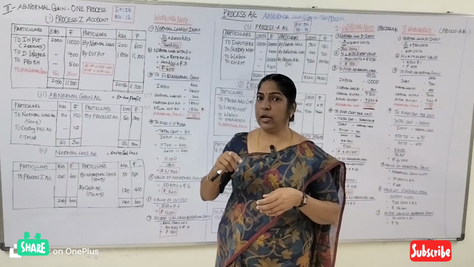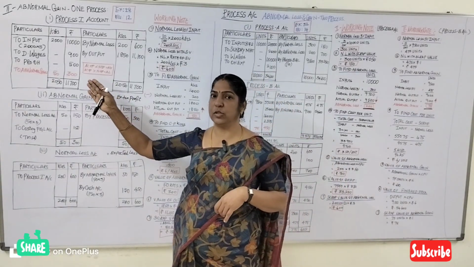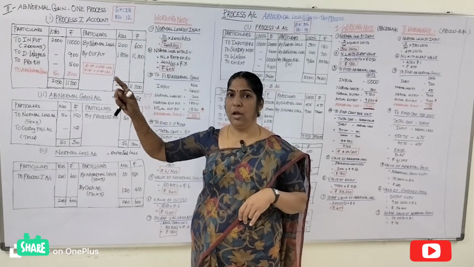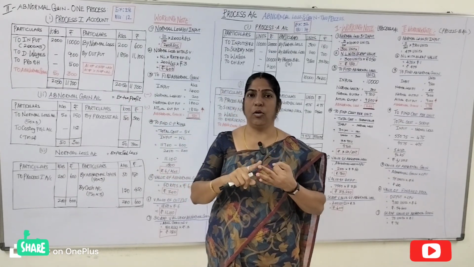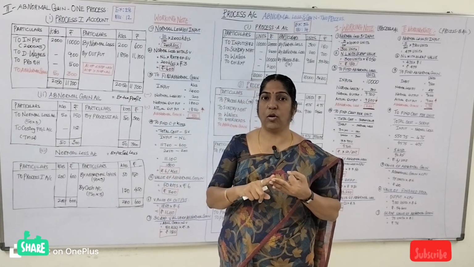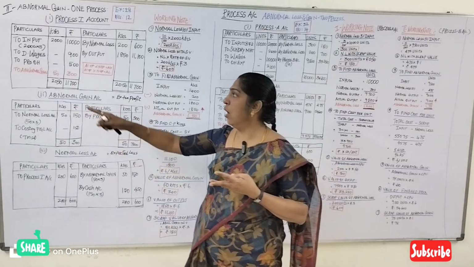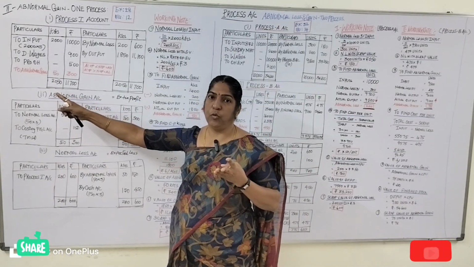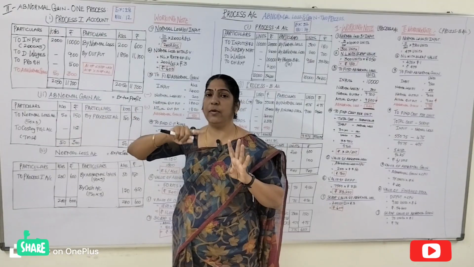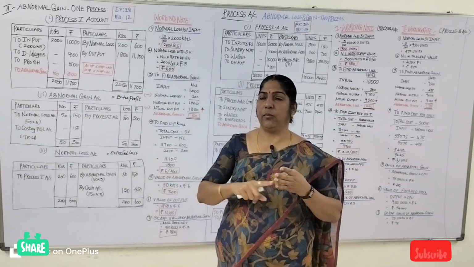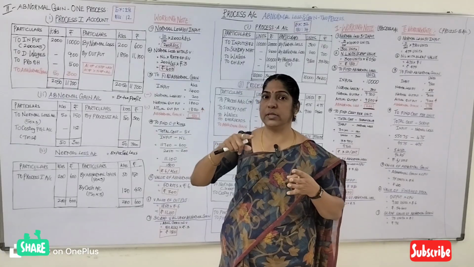So there are 4 important items on the debtor side and another 4 items on the creditor side. What are they? On the debtor side: input, all the expenses, that means all the costs they spent during the production, third abnormal gain, and fourth opening stock. If they given the opening stock, it will always start on the debtor side. What are the other 4 items I have said?